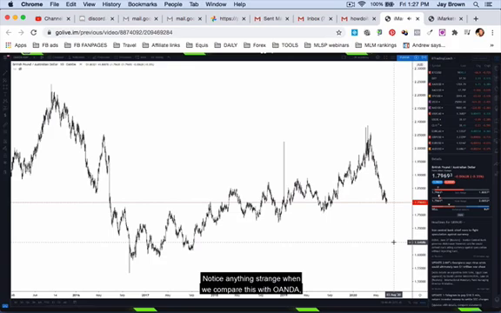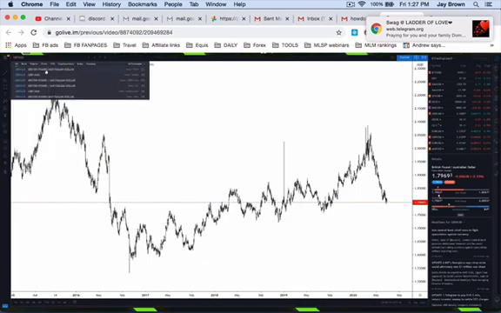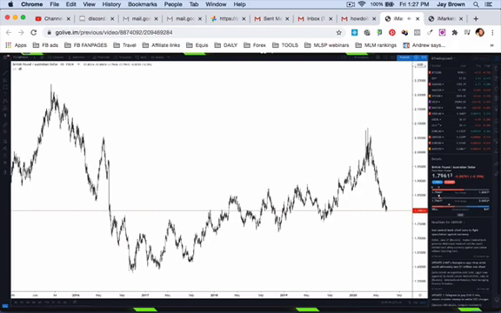Notice anything strange? When we compare this with Oanda, let's take a look at FXCM once again. Take a mental picture of the information that you see on this chart.